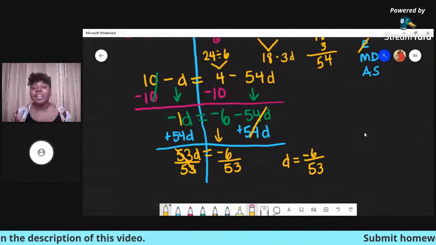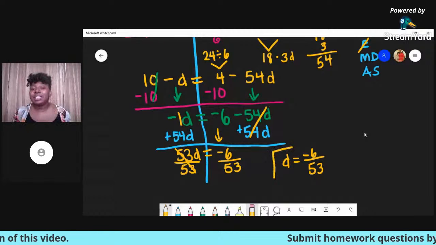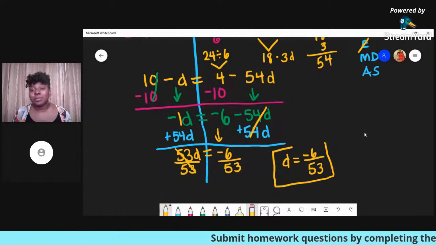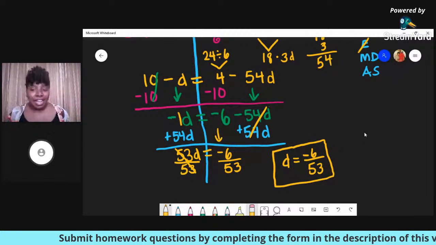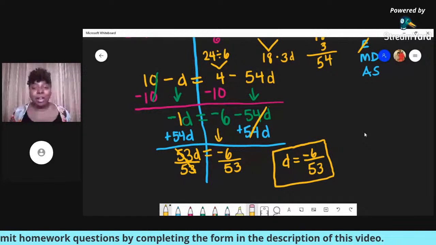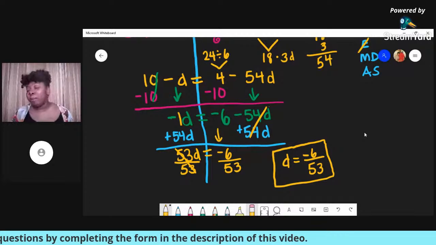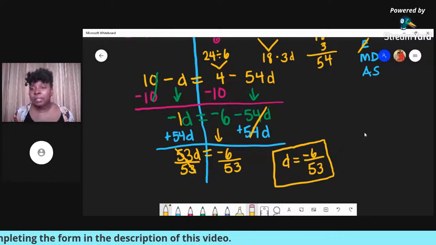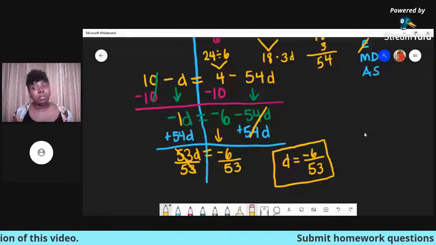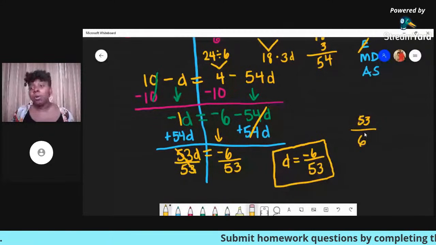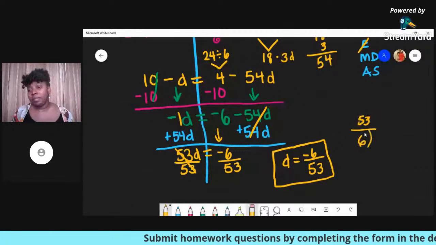I know it looks ugly, so you're like, oh no, I have to do more. No, just leave it alone. Unless it's an improper fraction like 53 over 6, you still technically could leave it alone, or you can divide it.